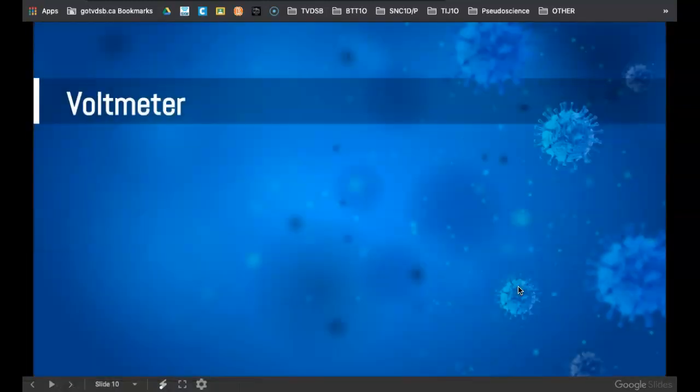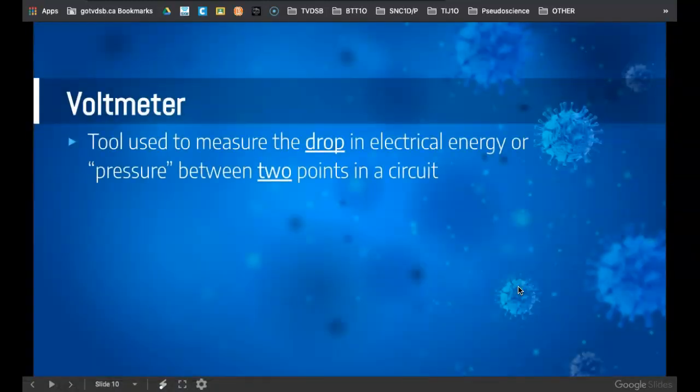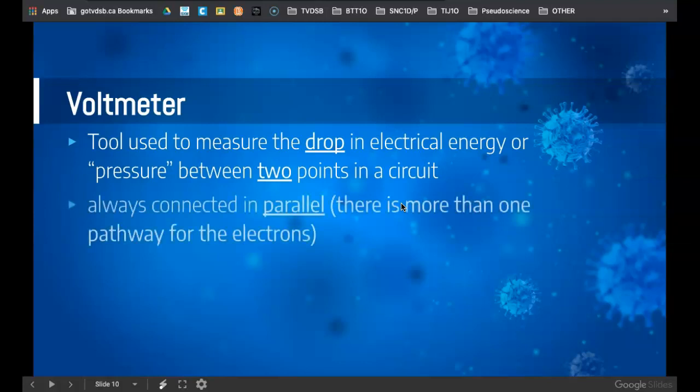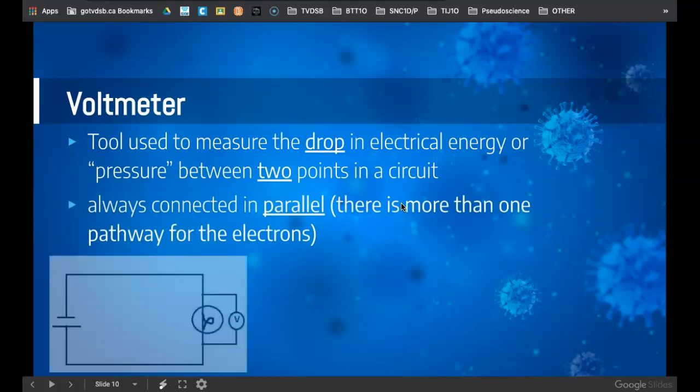Okay? So, there are tools we can use to measure that. Voltmeter. So we use a voltmeter to measure the drop in electrical energy, or the pressure, between 2 points. Right? So, it's always going to be connected in parallel, which means, again, there's more than one pathway for the electrons.